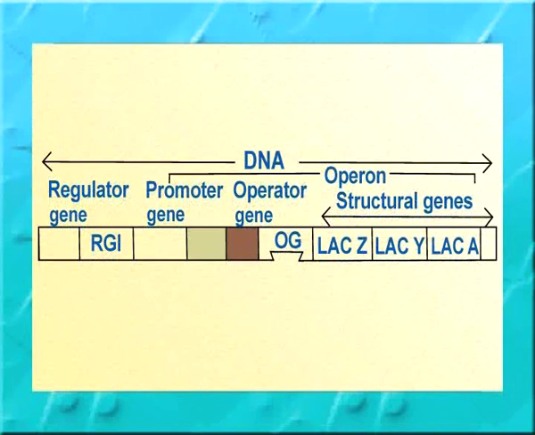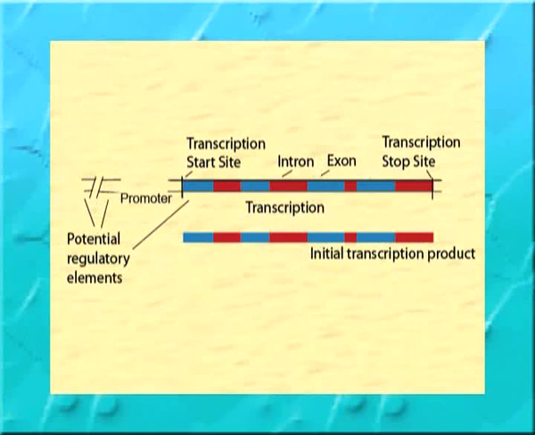A gene is made of two important regions, the regulatory region and the transcriptional unit. The regulatory region contains the sequences essential for the transcription of the gene but are not transcribed themselves, while the transcriptional unit is transcribed to form an RNA molecule.